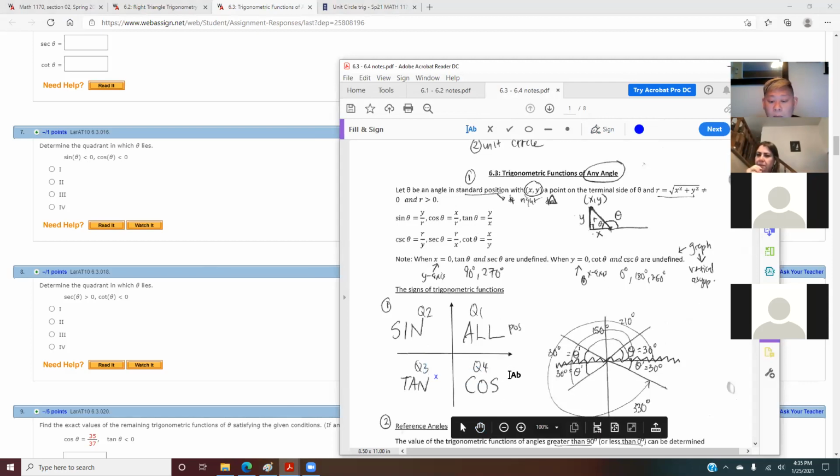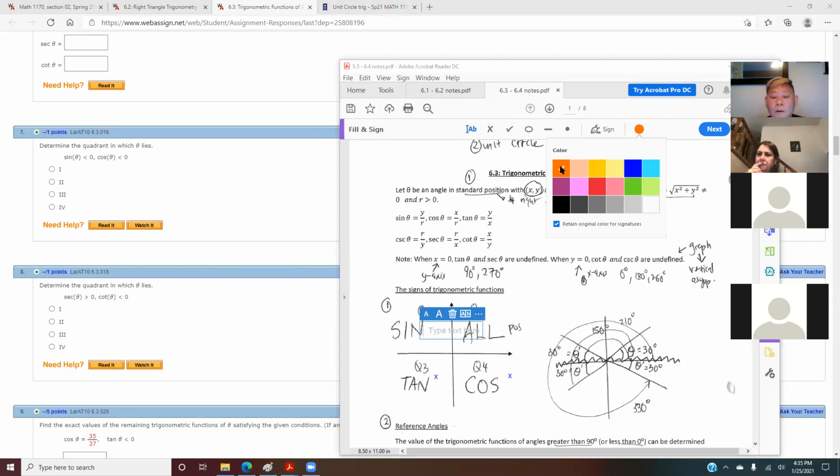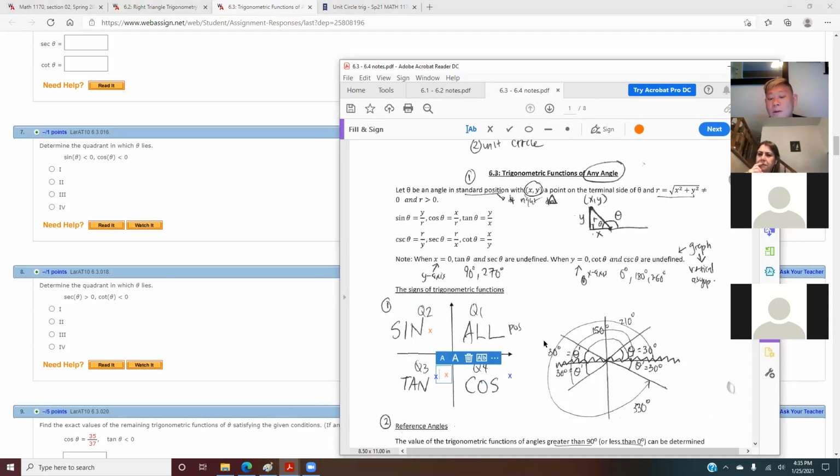For sine negative, it's these 2 because it's positive on that. And then cosine is negative is these 2. Use another color. Can someone tell me which quadrant has 2 X's or 2 colors? That's your answer. That will be quadrant 3 here.